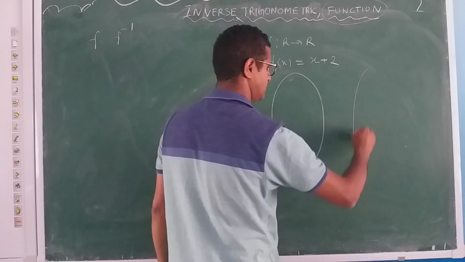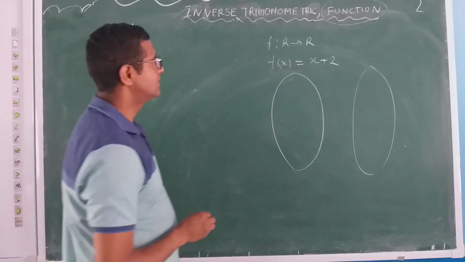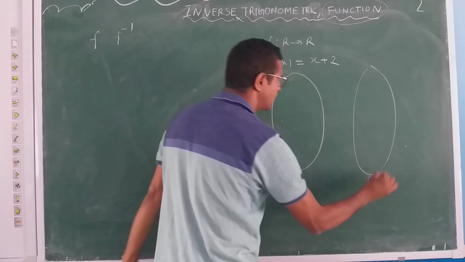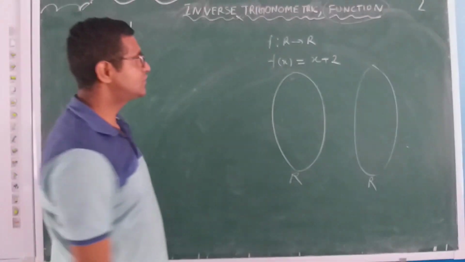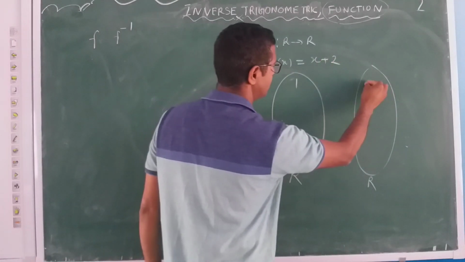Its domain and codomain are both real. Let us suppose you put x equal to 1, you will get the corresponding range value 2 plus 1, that is 3, which is also a real number.